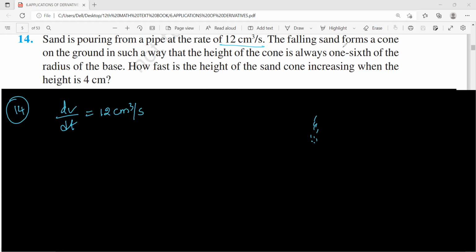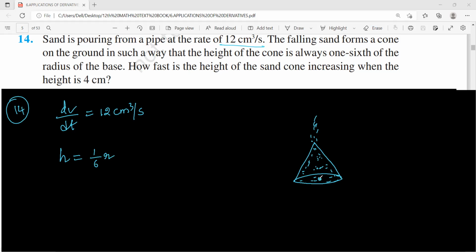So here this falling sand is forming a cone, actually. The sand particles form a cone like this. And in such a way that the height of the cone is always one sixth of the radius of the base.